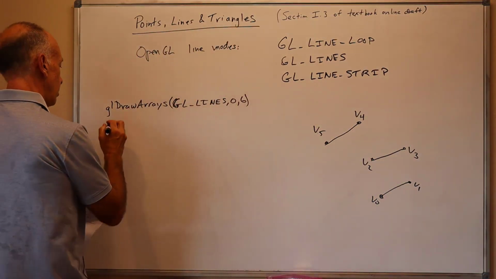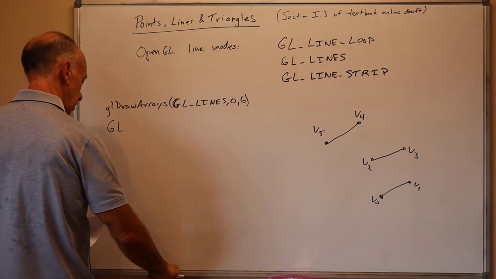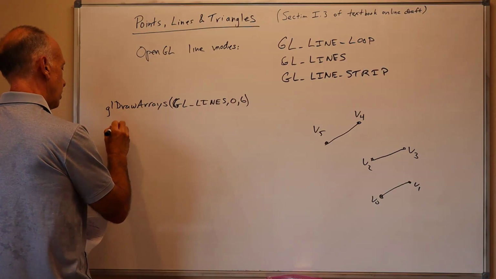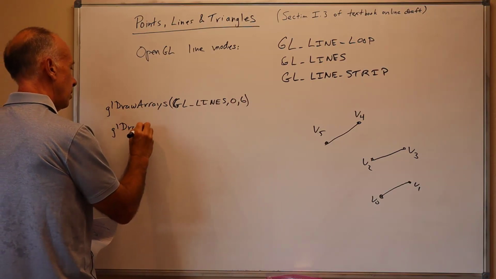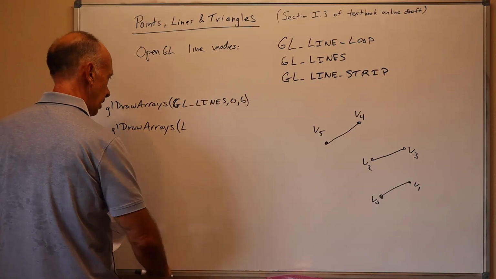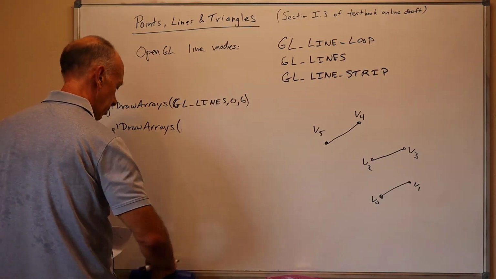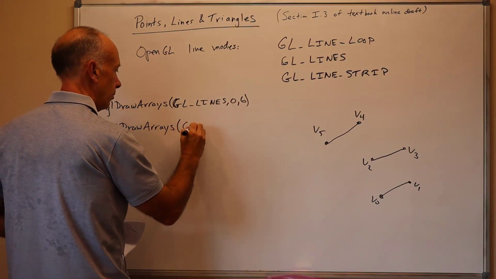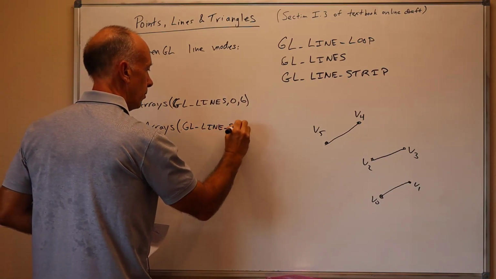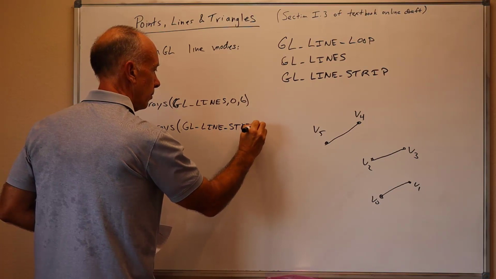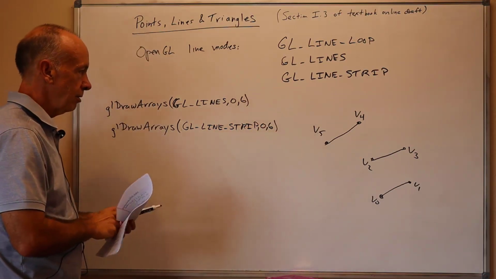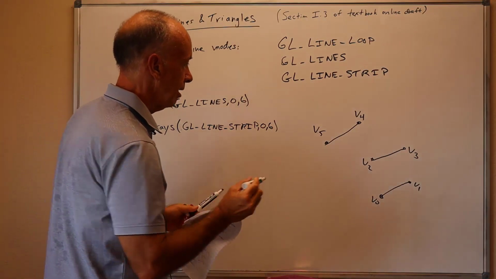You can also do GL draw arrays with GL line strip, again with the same 6 vertices. And what this would do is add in the connecting vertices.